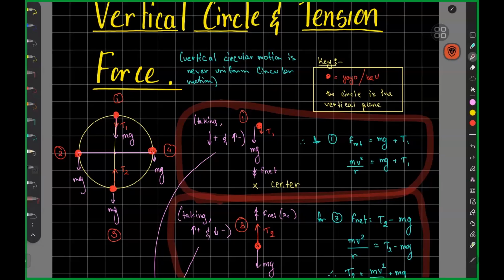Why? Because both tension and mg are downwards, and your centripetal force is downwards towards the center. So it's going to fall down. That is where the problem is, and that is what we analyze to understand the minimum velocity we need for the circular motion to be maintained.